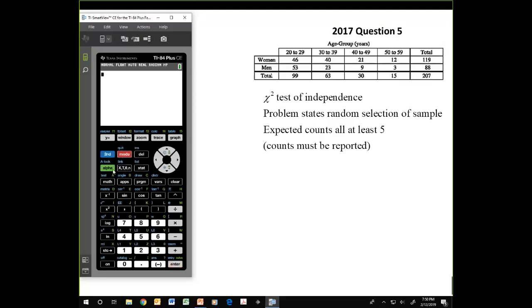Just to make sure, if we go to the matrix menu again and I simply call up matrix A, there it is. And we can double check to make sure we have the right data. So we're now going to run the test.